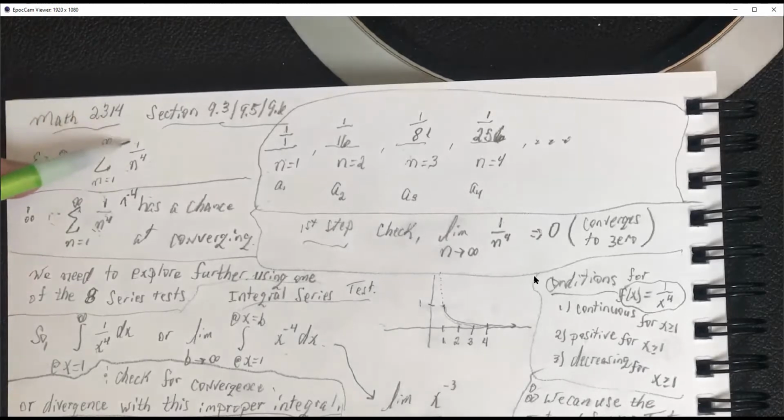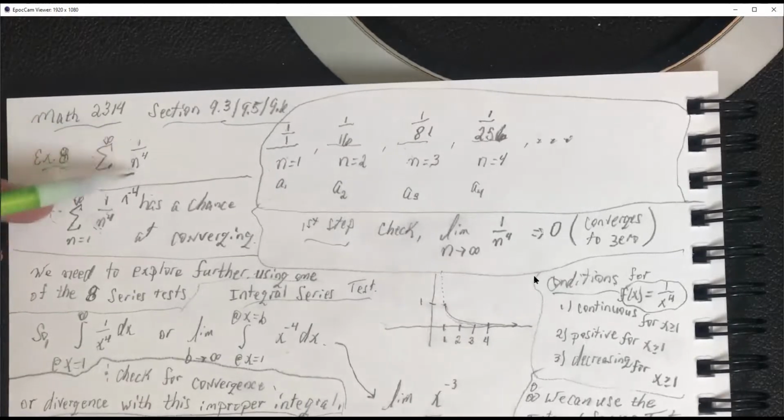But it could not be n factorial or the square root of n on top. If you can simplify it, that's fine, but it has to be a number on the top. And if it's not a 1, just factor it out so that there is a 1.